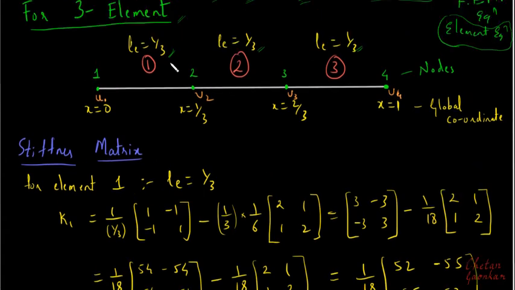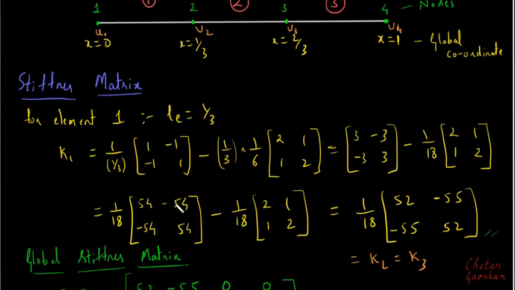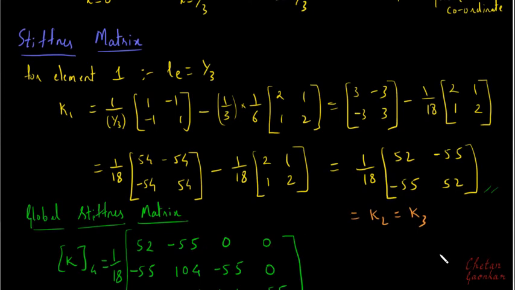And now if you look at this carefully, since all the lengths are equal, even for element 2 the stiffness matrix K2 will be exactly same as this, because the length of this element what we had taken was same, right? 1 by 3, 1 by 3, 1 by 3. So the stiffness matrix K2 will be also same as this, and stiffness matrix K3 will be also same as this.